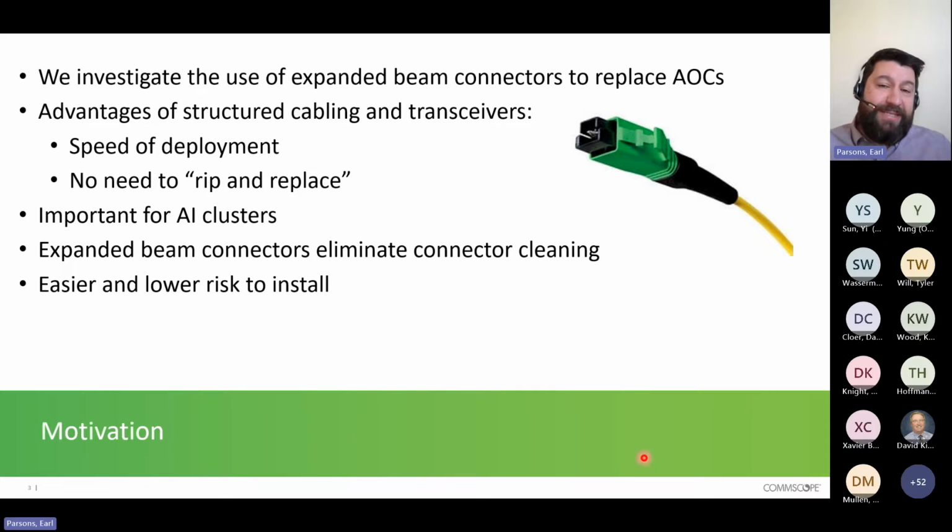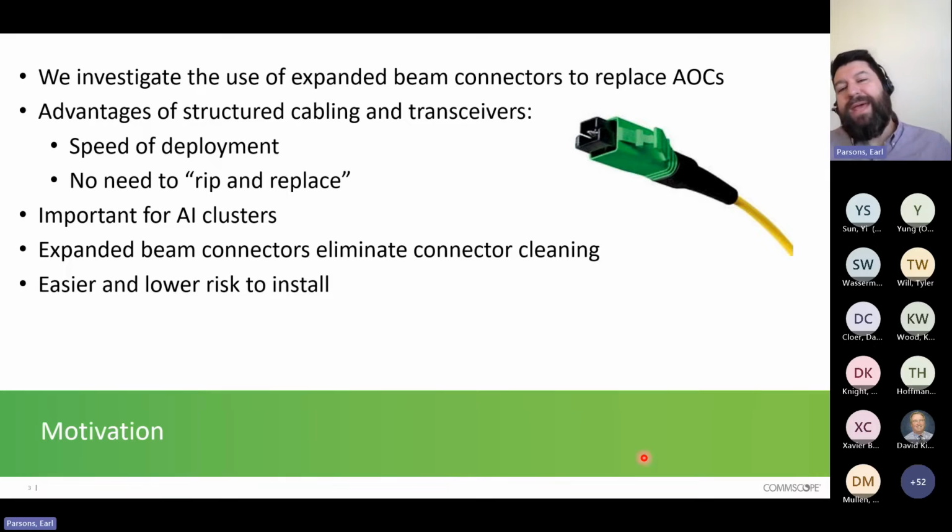If you have passive cabling, that can remain and support several generations of transceiver speeds. The speed of deployment is very important for these AI clusters. Again, they cost a lot of money. To get that return on the investment, you need to have them up and running fast and be used very efficiently.